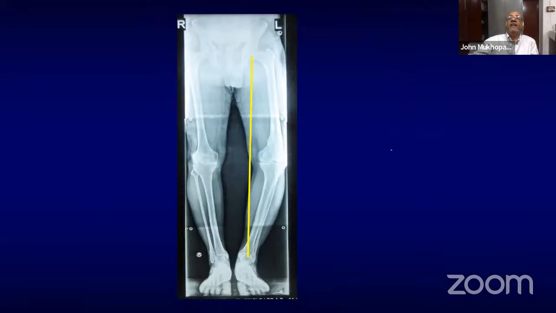You can see the severe varus. You draw your mechanical line for the femur, and you can measure your mechanical lateral distal femoral angle, and you can see that's way off. And similarly, the medial proximal tibial angle is way off. So you know that you have significant deformity on both sides. And if you just do it on one side, you're going to end up with joint line obliquity problems.